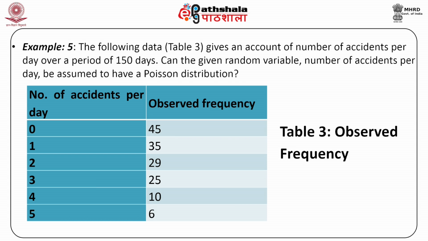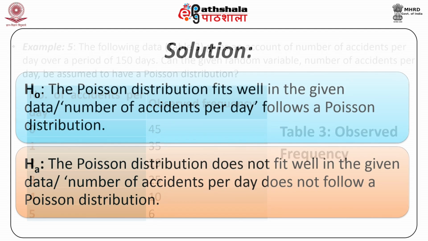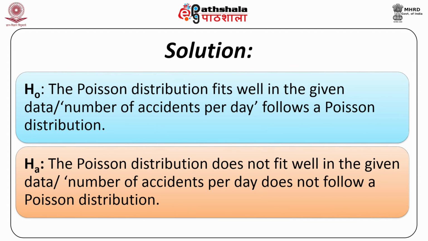That is our question, or in a way you may say the null hypothesis. So in this table we have the number of accidents, which are the observed frequencies, and the number of accidents which we have taken are from 0 to 5, and you have the corresponding frequencies, which vary from 45 to 6.